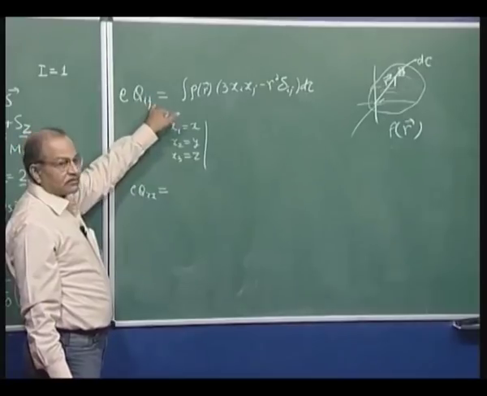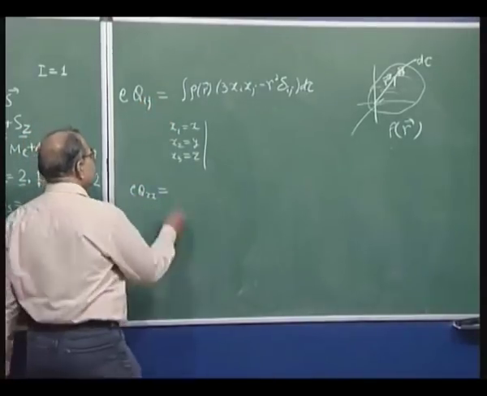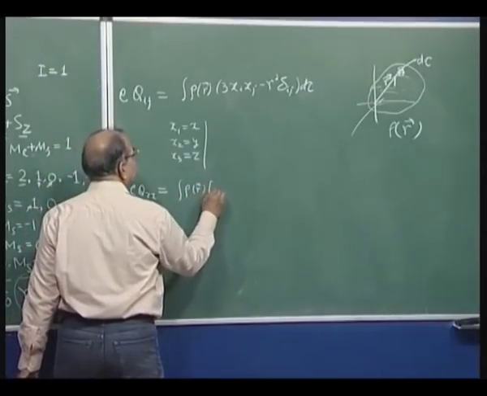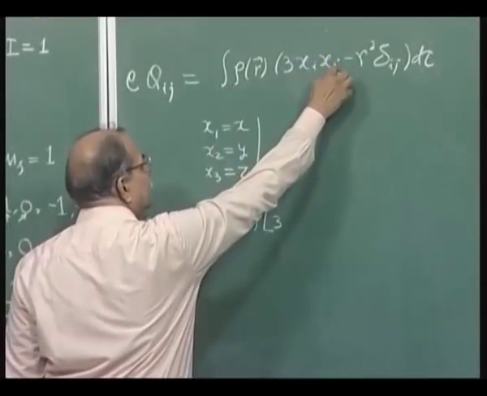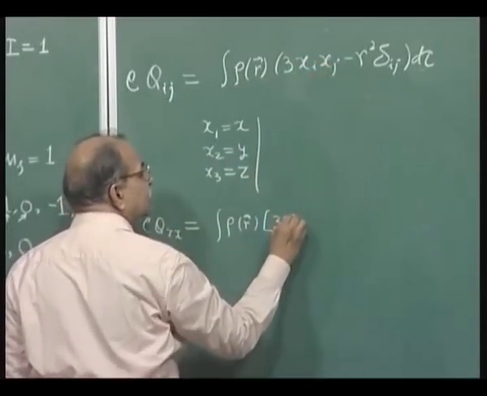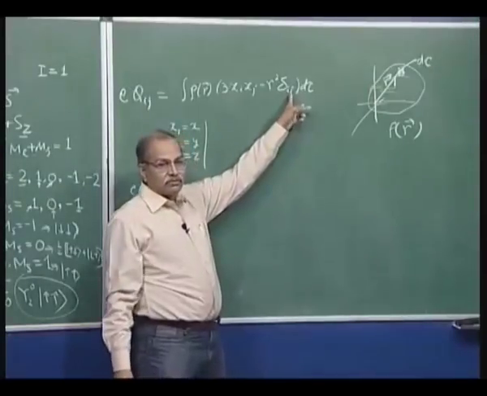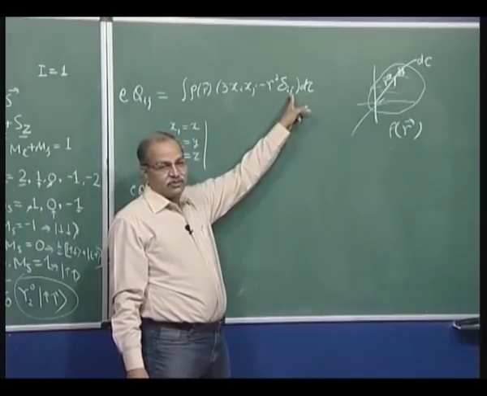So, q 1 1 is the same as q x x. This is rho r, and then you have 3 x 1 is x and j is also 1, so this is 3 x square, and this is delta i j, the Kronecker delta, which is 1 if i equal to j and 0 otherwise.